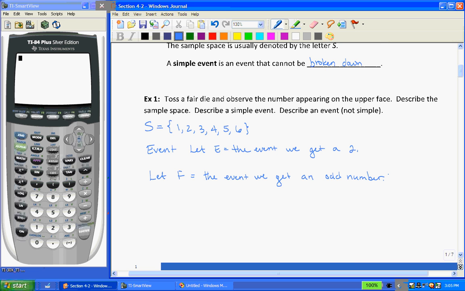That could be 1 or 3 or 5. Now, 1, 3, and 5 are the simple events, but when I put them together and say the event is getting an odd number, then that's a compound event. So just the individual outcomes in a sample space are usually the simple events, but when you group them together, then that's a compound event.